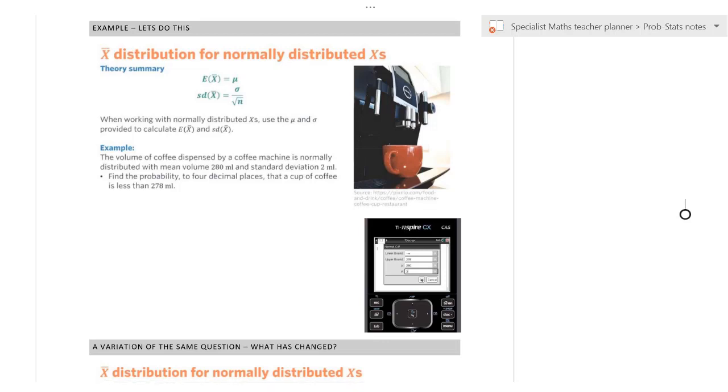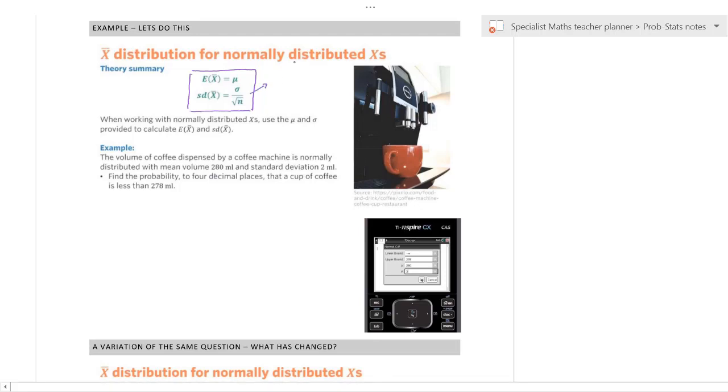Let's do this example, and then we'll do an example from an exam. The theory is that the expected value of the sample mean, when I take a sample of size n, is still mu, but the standard deviation changes, as I've just proven.